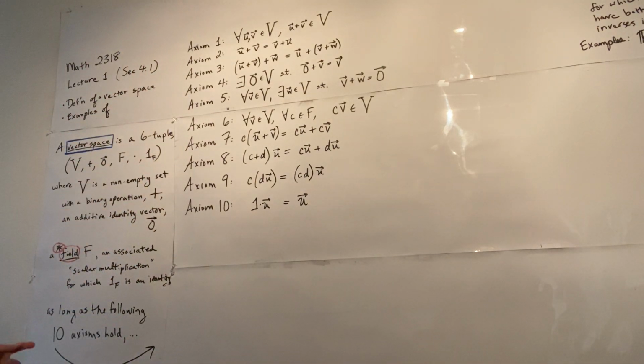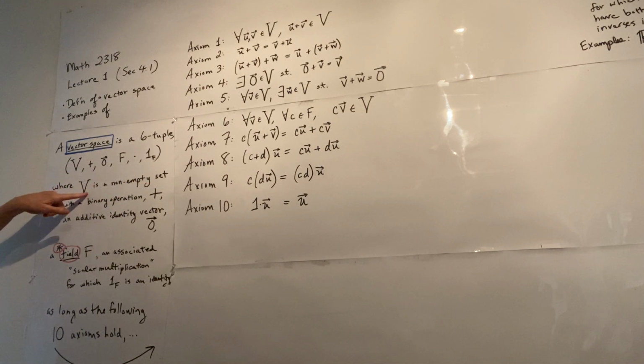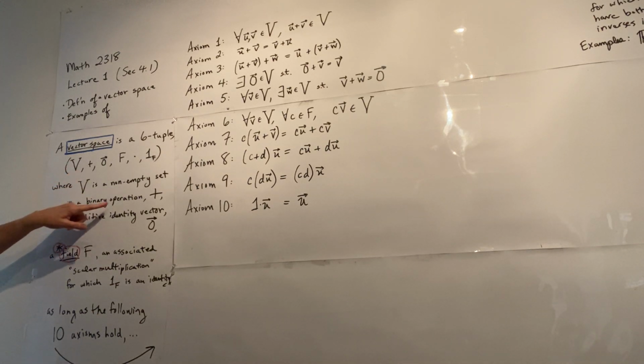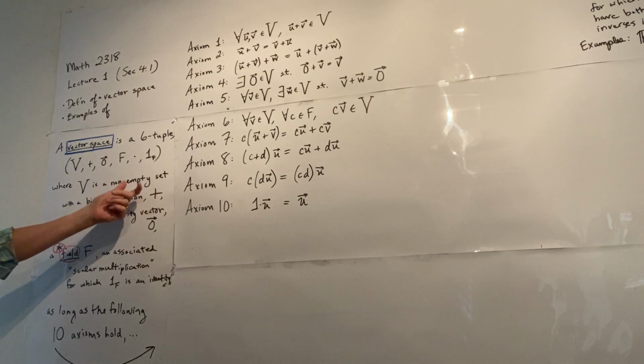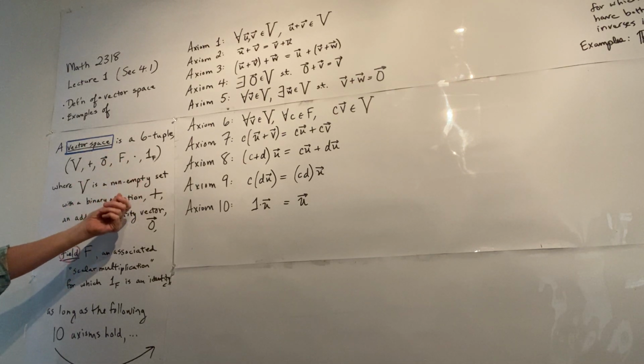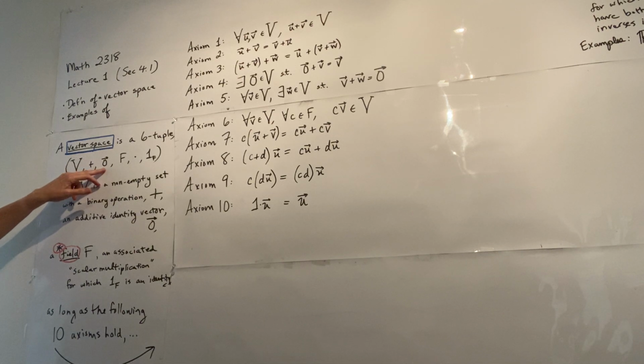So all this is part of the definition. So a vector space is a set V, a non-empty set. There's got to be something in there. Elements in there are called vectors. There has to be a binary operation plus, so that if you had 2 vectors, U and V, you could add them. And there has to be an identity for that addition, which we call the zero vector.